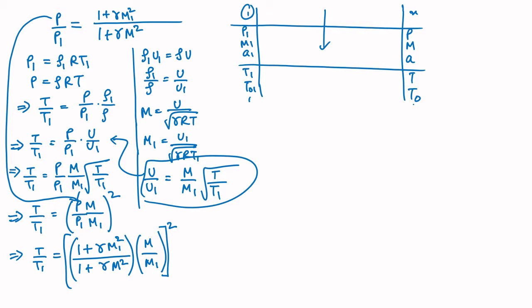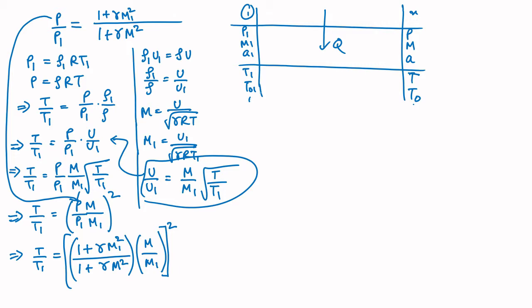So this is the ratio of temperature at this point T divided by T1, and of course there is some heat being added Q, which essentially has increased the temperature from T1 to T, but we will not explicitly consider this Q, we will just consider it in terms of the temperature rise and how that relates to Mach number. So given the Mach number is M here and the Mach number is M1 here, how are T0 and T01 related?